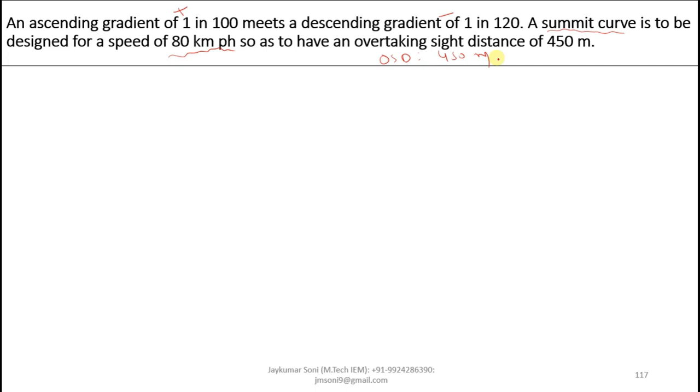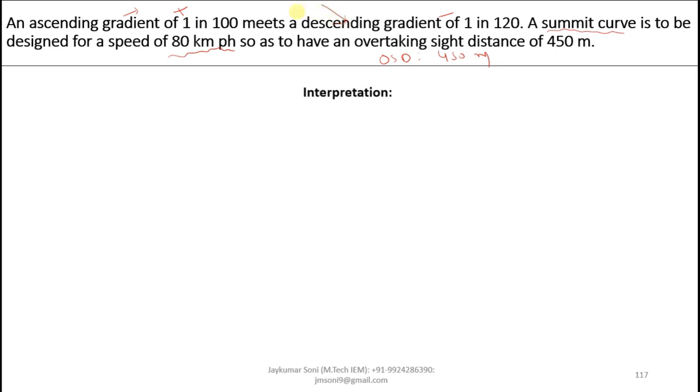So you need to design a summit curve for the speed of 80 kmph with the consideration of overtaking sight distance as 450 meter. Two gradients, one ascending and the second descending, are given. Ascending gradient means this gradient and descending means this direction gradient.